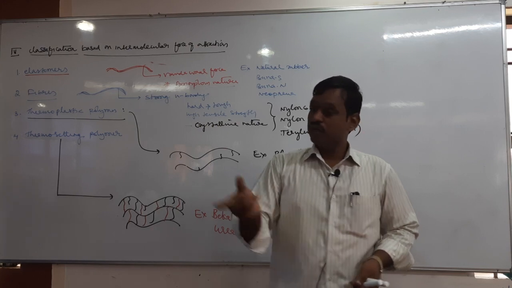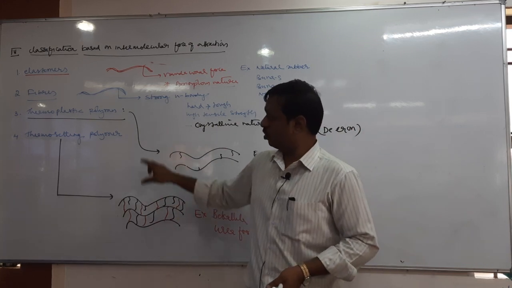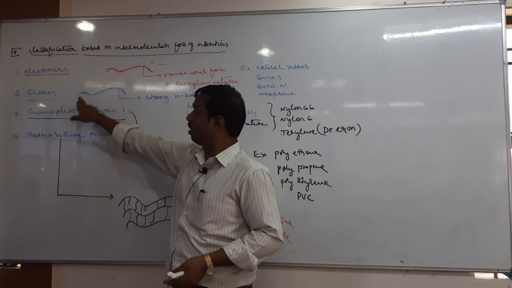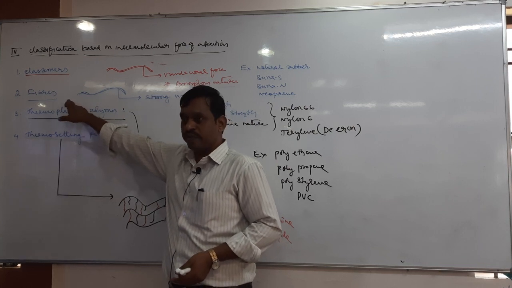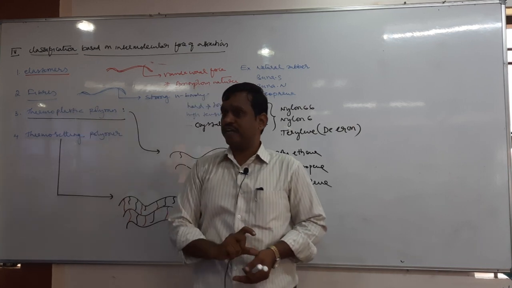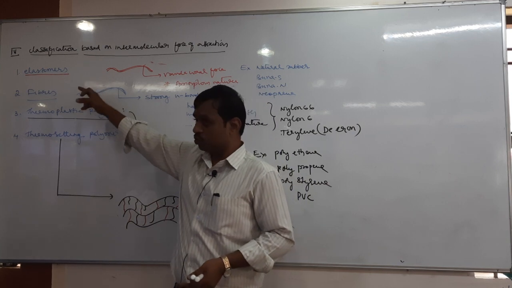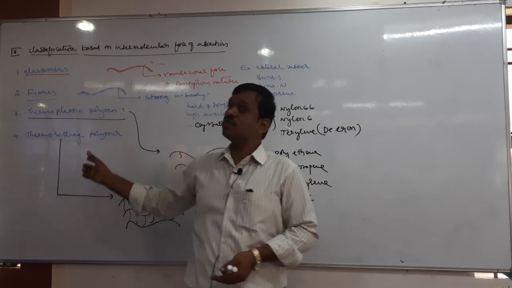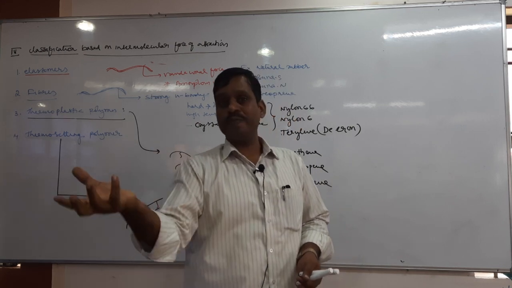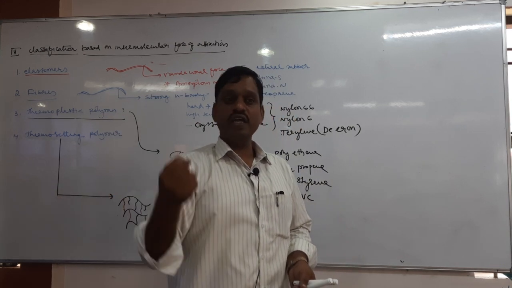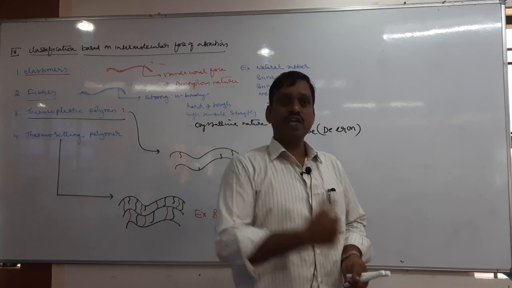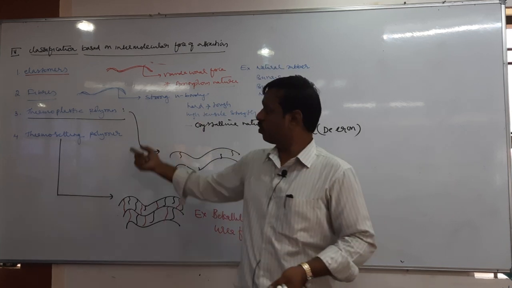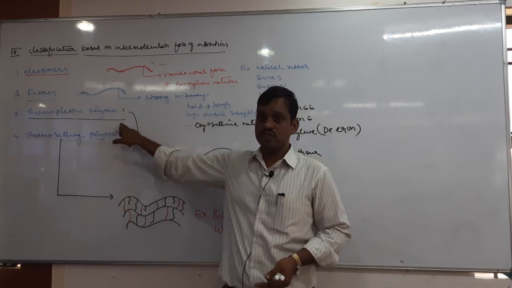The intermolecular force of attraction is stronger than elastomers and weaker than fibers, that is, intermediate. These polymers can be molded into any shape by heating because they become soft on heating, and therefore they are reusable polymers.